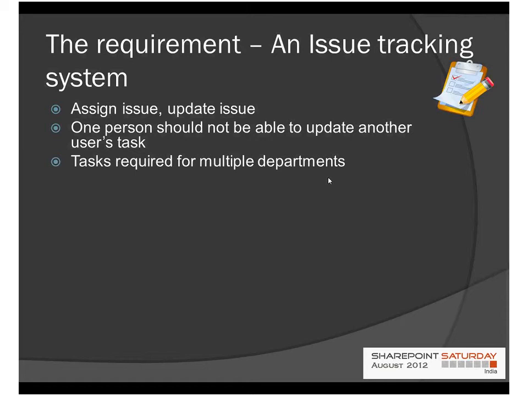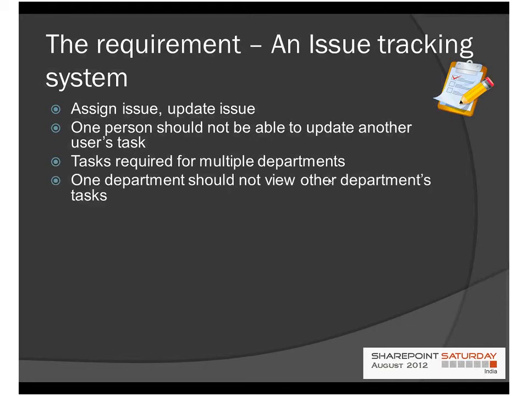So we'll get into a scenario where we might have to consider having a task list with folders for different departments, or perhaps different task lists altogether, which is totally fine, and based on the department, give appropriate permission level. One department should not view another department's task, which is fine. As I said, assigning different levels of permissions to different task lists or the folders as per the design we may plan to follow.